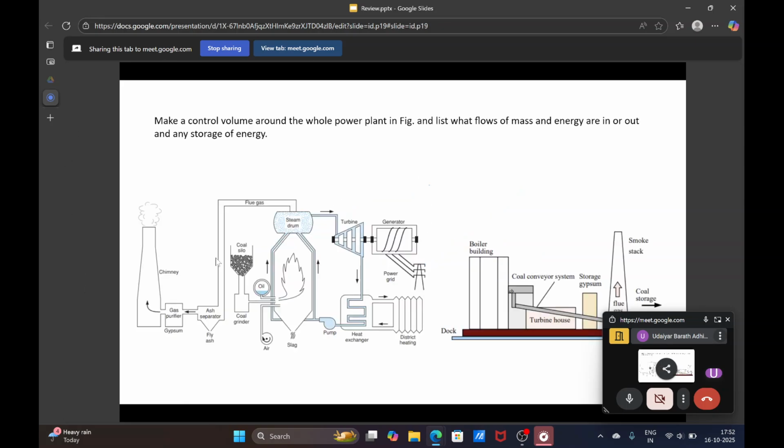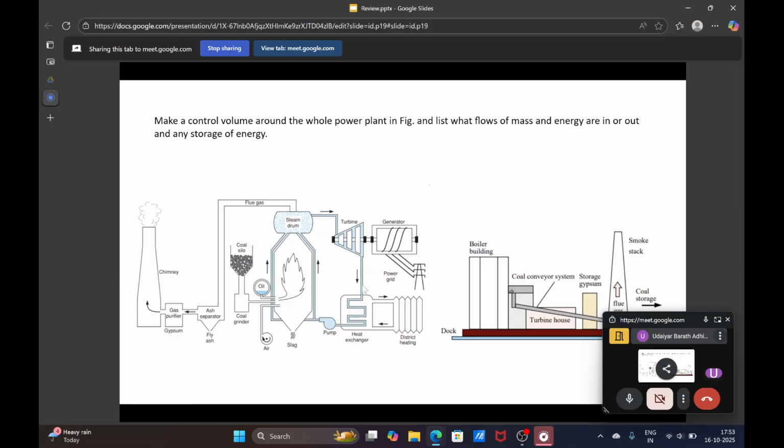So this is a big gas power plant which is generating electricity. Whatever coal is there, you burn that coal and convert it into steam and run a turbine. A part of the steam from the turbine, because it is at high temperature, is used for district heating, and the turbine is running a generator, generating electricity.